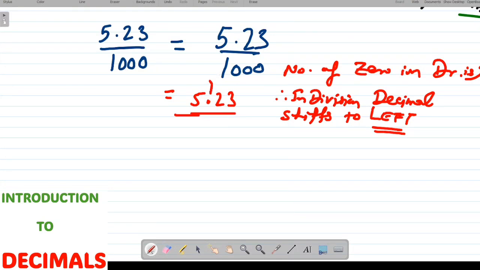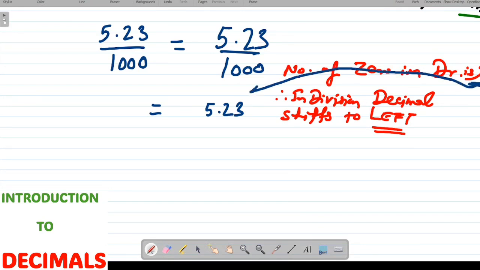So it will jump 3. Let me just take the same color so that it will not confuse you guys. So the number is 5.23. So number of zeros are what? 3. So this 3 means this decimal will jump 3. In one jump, it will come before 5.